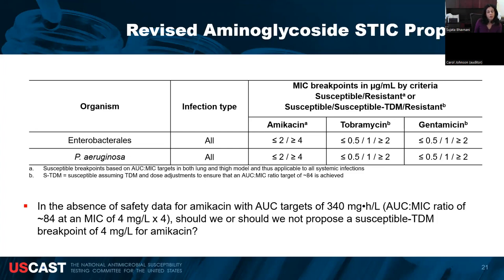And could we then propose a susceptible TDM breakpoint of 4 for amikacin? So this was a question that is currently on the table, and for which we're going to be looking for feedback from those viewing this presentation today, or who may look at the presentation after it's posted.